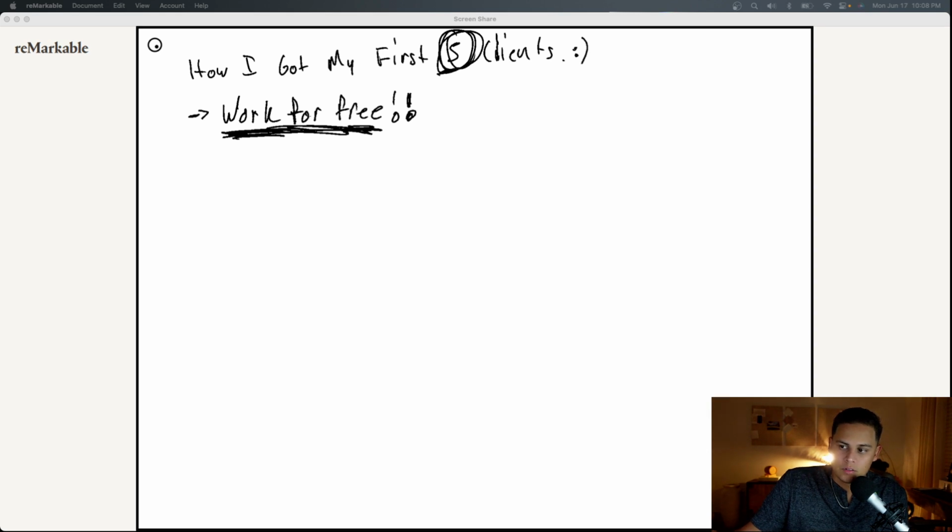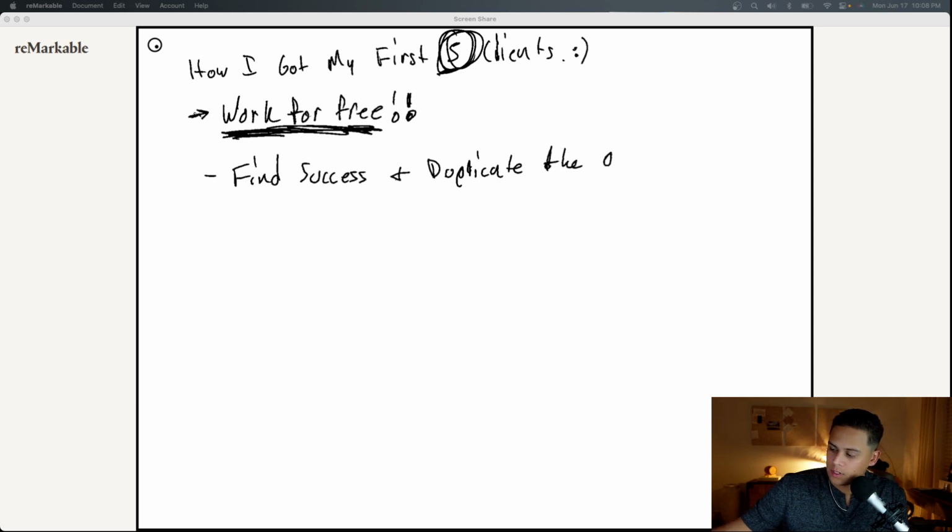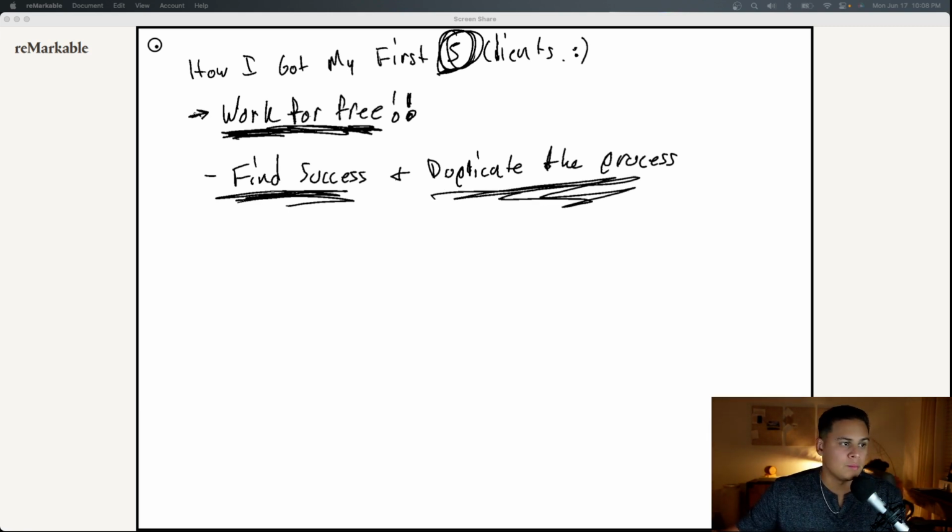and the most important thing that you could do right now when you start working for free is you want to find success and duplicate the process. So you want to find success in whoever you are working for free for, and you also want to be able to duplicate that process.